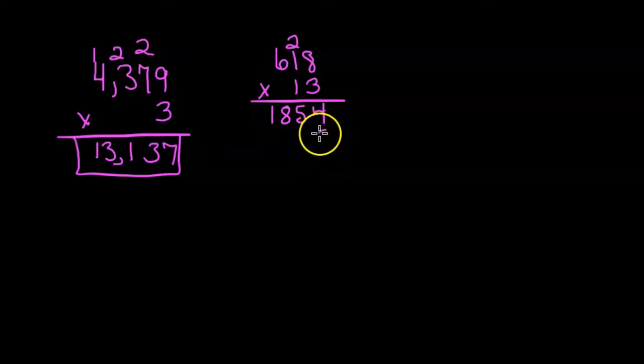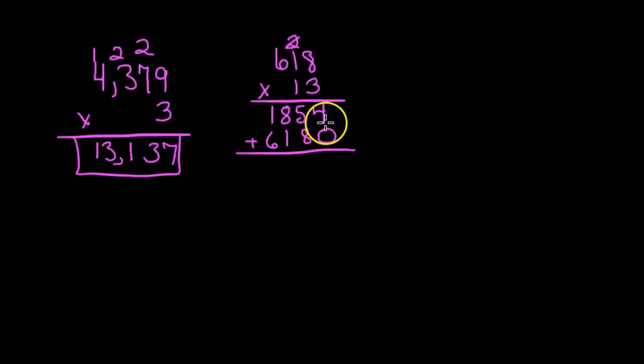Now, remember my 0, put that down. I'm going to cross that one out so I don't get confused. And then 1 times 8 is 8, 1 times 1 is 1, and then 1 times 6 is 6.